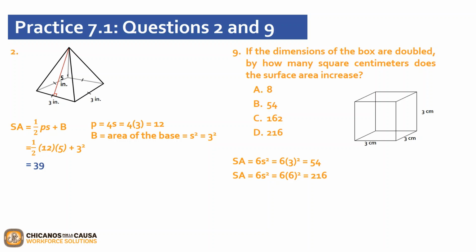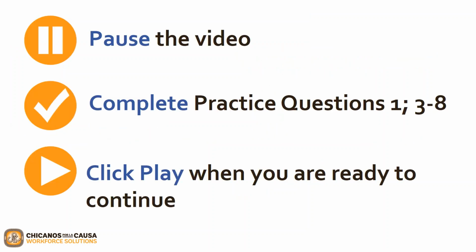So by how many square centimeters does the surface area increase? In order to find that number, we're going to subtract 54 from 216, and that gives us an answer of 162. So if you chose C, you are correct. At this time, pause the video, complete practice questions 1 and 3 through 8, and click play when you are ready to continue.